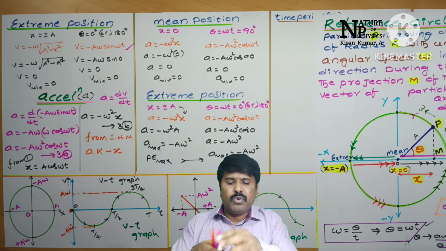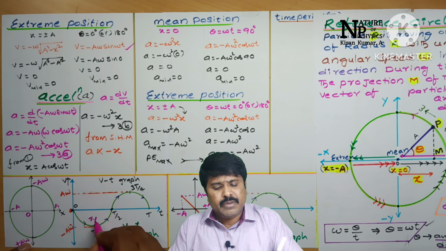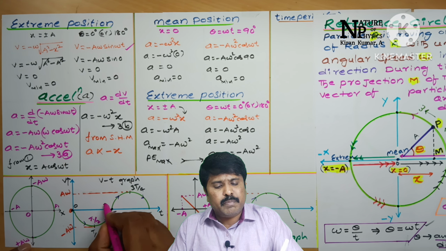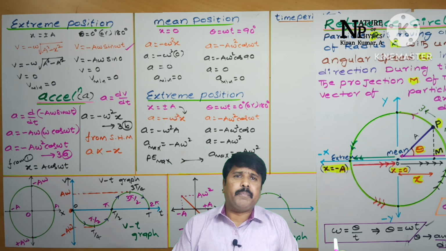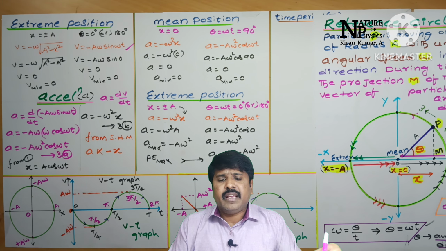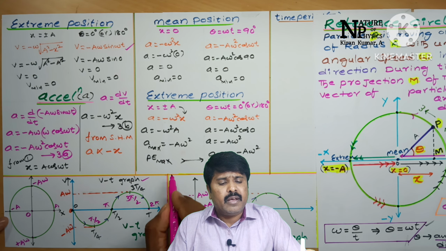Next I am going to write about the phase: 0 phase, this is pi by 2, this is pi, this is 3 pi by 2, and this is 2 pi for one rotation. See clearly, the phase and time period are represented in the velocity time graph.